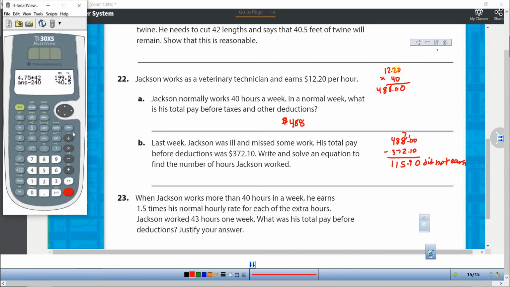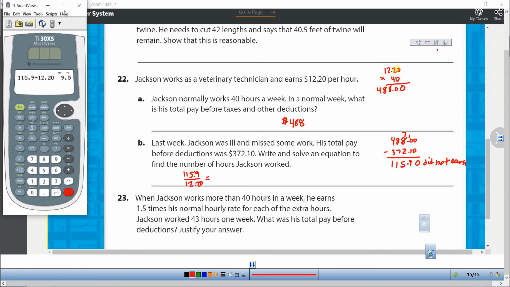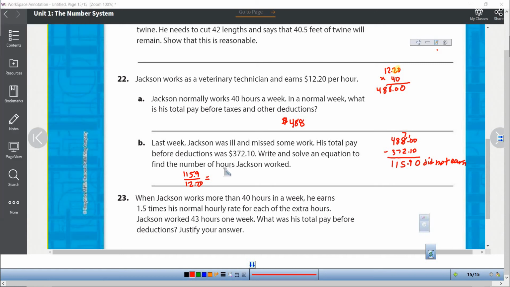So if I then took that amount and divided it by how much he earns per hour, which is $12.20, so 115.9 divided by 12.20, as I use my calculator, guys, because this video is getting kind of long, I get 9.5.